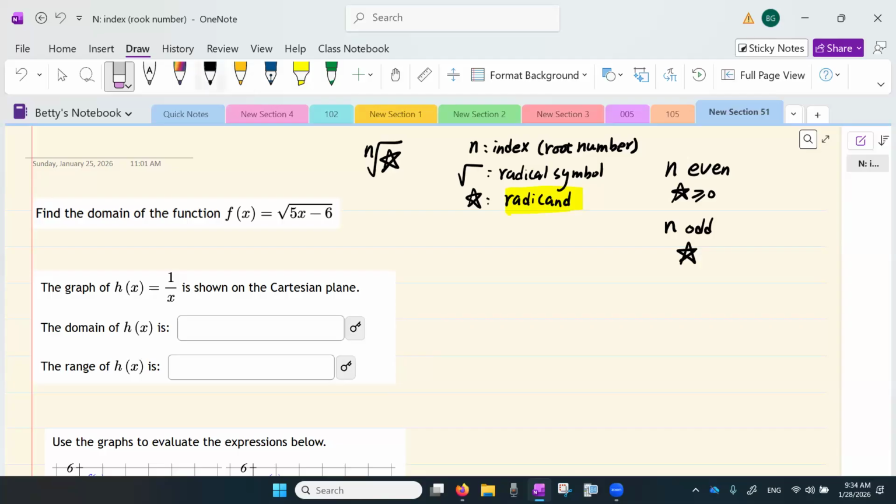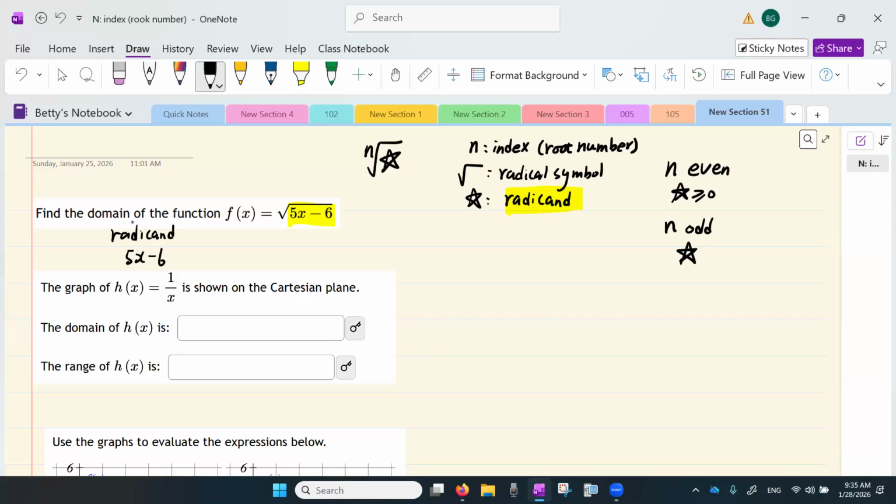So in this case, our function is a square root function, because the defaulted index here is 2. Okay, we have a square root. Square root index is 2, an even number. So the radicand, what is radicand? The entire thing under the radical symbol. In this case, the radicand is 5x minus 6.